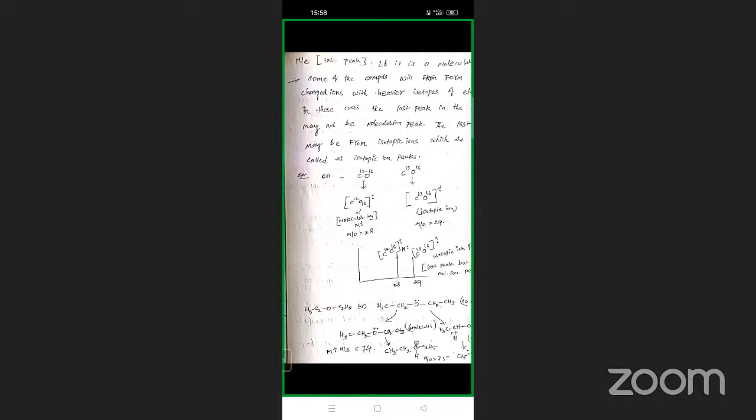You ensure that your compound is 100% pure, with no impurities, no contamination, and no isotopes. In that case, definitely you can choose the last peak as the molecular ion peak. Otherwise, the last peak should not be chosen as the molecular ion peak if any isotopes are there.